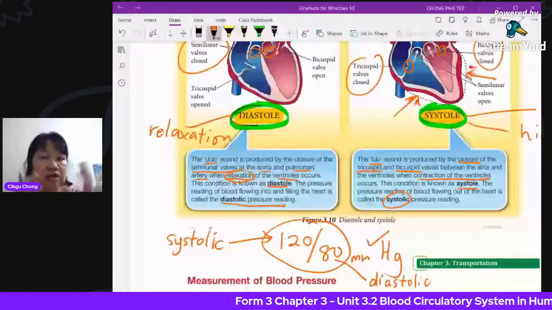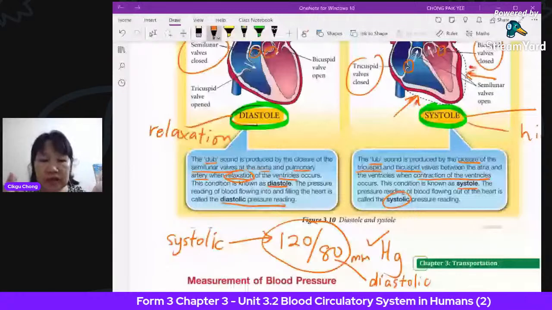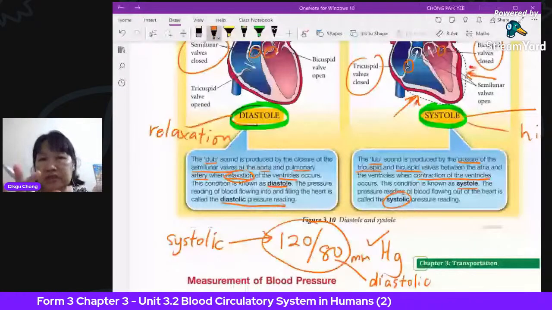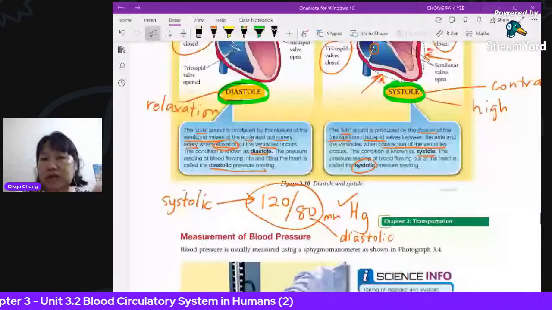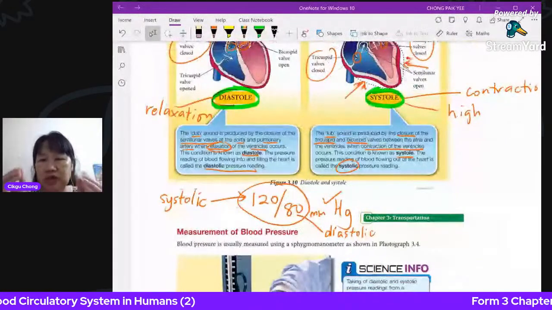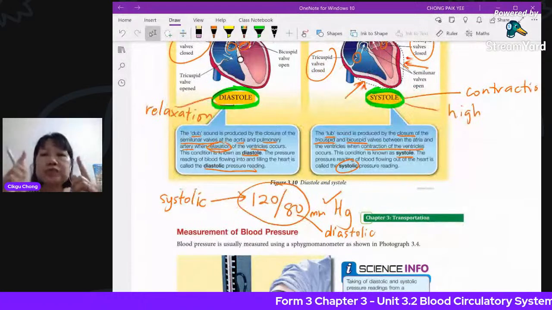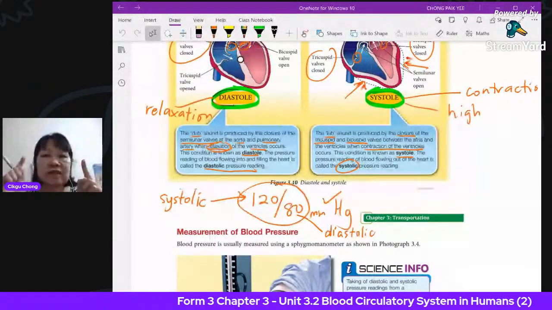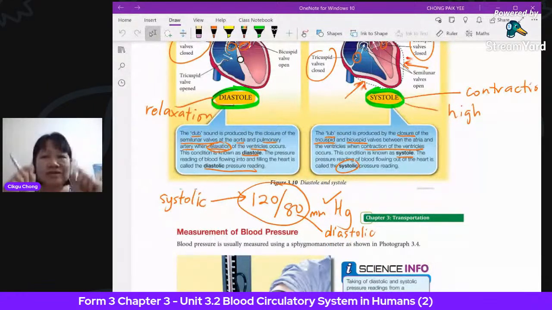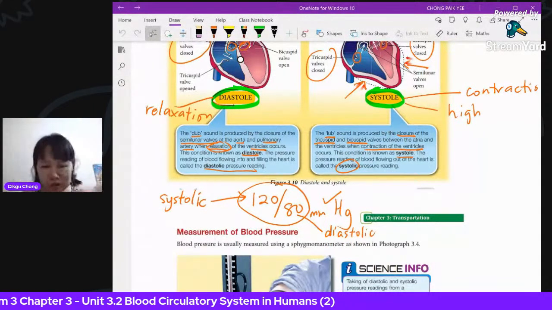Now, how to measure blood pressure? So this one is clear. Always think of the loop first. The tricuspid and bicuspid valves closing is loop. Then the doop is the other two on top closing. So it's very easy to remember: loop then doop, loop then doop.